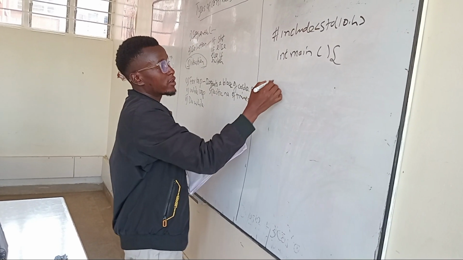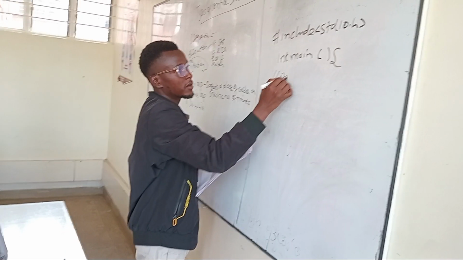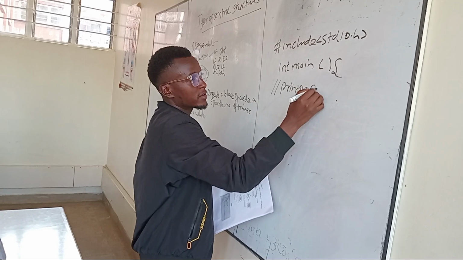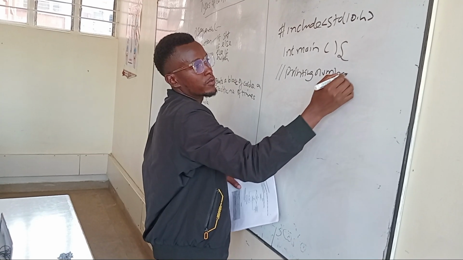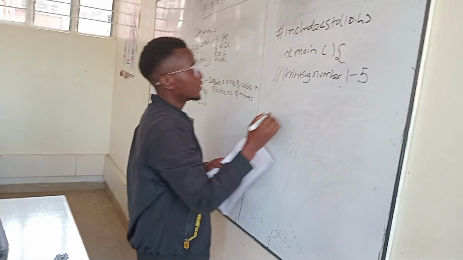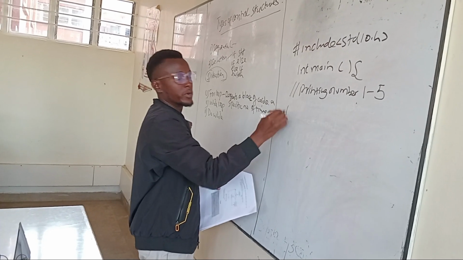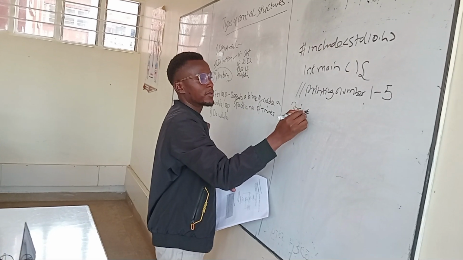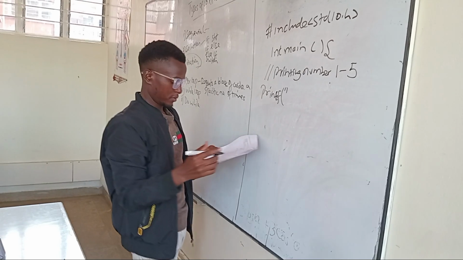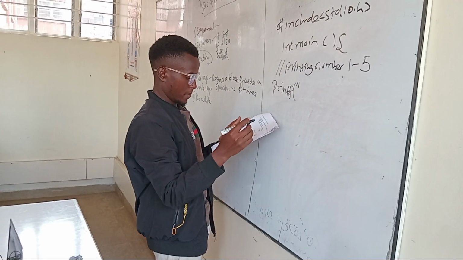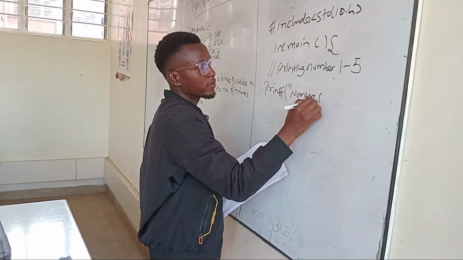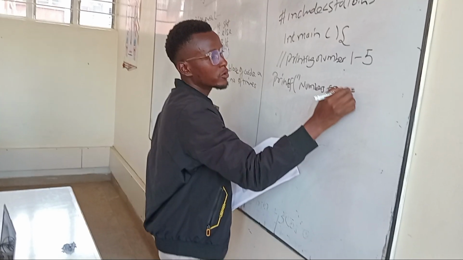This example is for printing numbers from 1 to 5. So printf, numbers from 1 to 5.